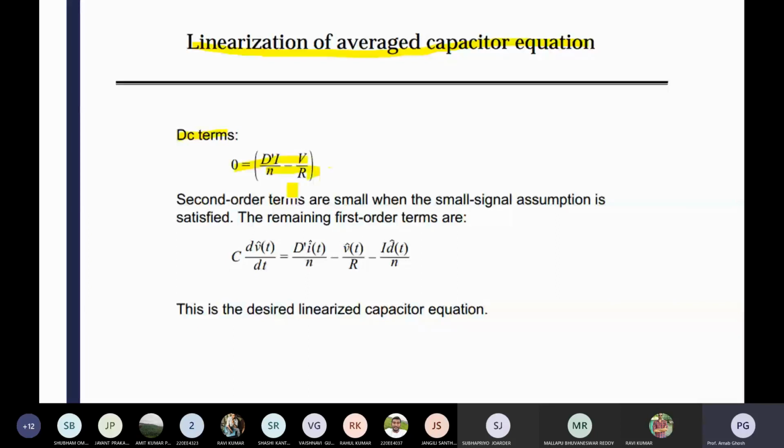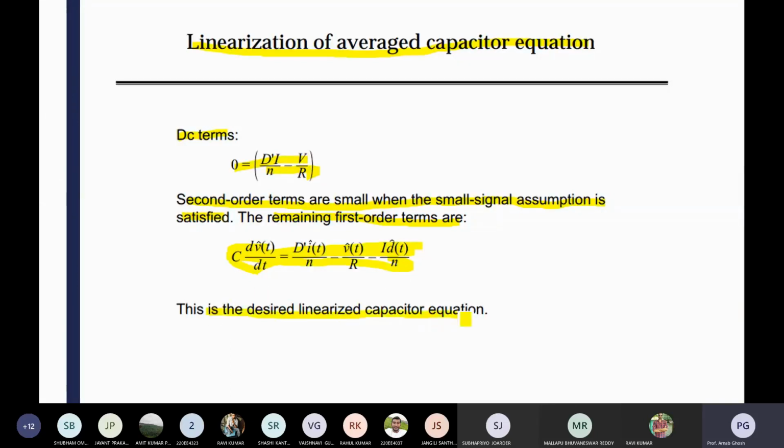The second order terms are small when the small signal assumption is satisfied. The remaining first order terms are like that: C dVc/dt equals d' i cap(t) by n minus v cap(t) by R minus I d cap(t) by n. So this is your expression.